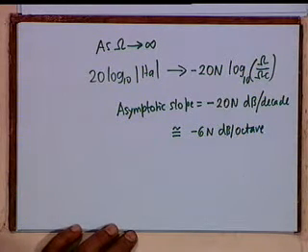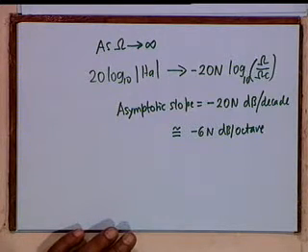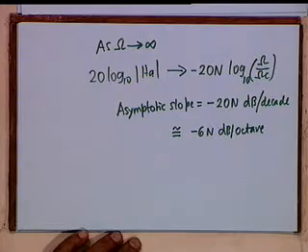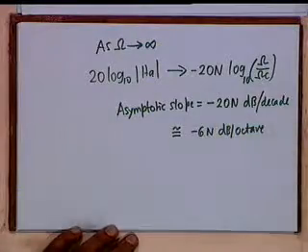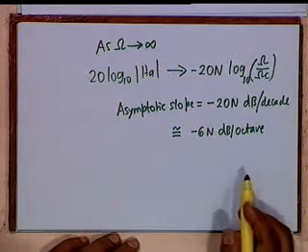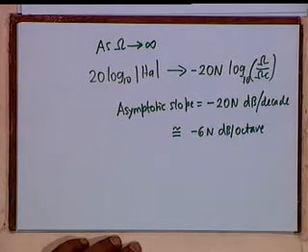Actually per octave it should have been 6.0206, because log 2 is 0.30103, but for engineering purposes we take it as a round figure 6. So, I said approximately equal to, but they are used interchangeably. It does not make much of a difference. Okay, 6n dB per octave. Octave is doubling or halving the frequency.